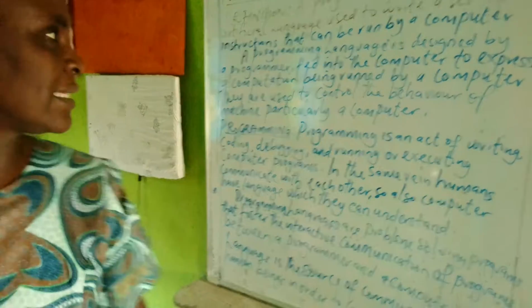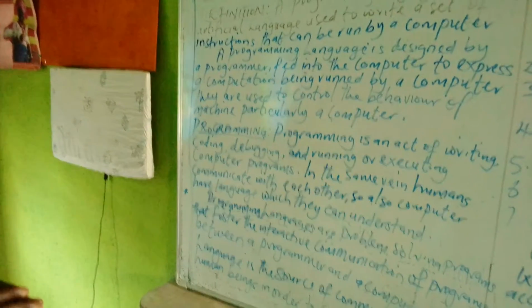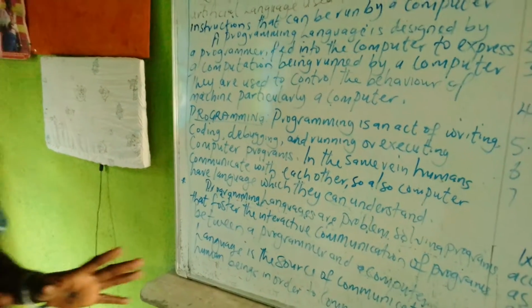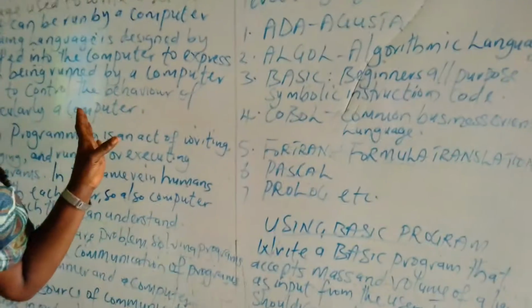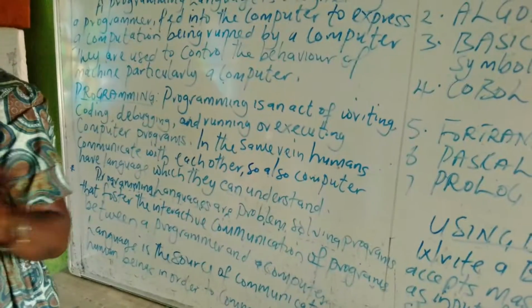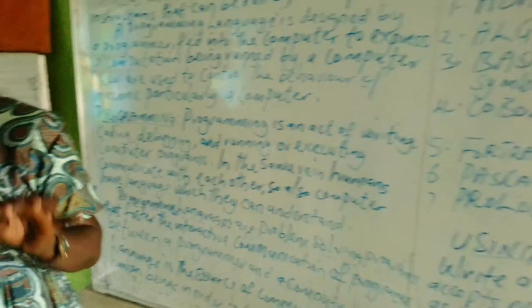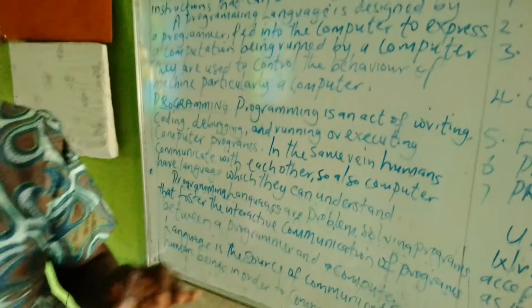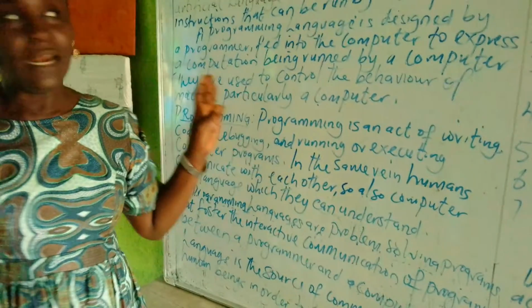Now let's look at what we mean by high-level languages. The term high does not really mean that high-level programming languages are more important than other languages. It simply means that high-level languages are easier to learn than low-level languages.